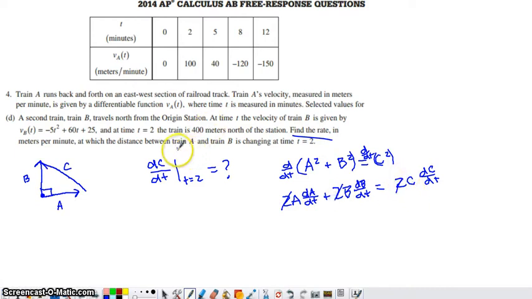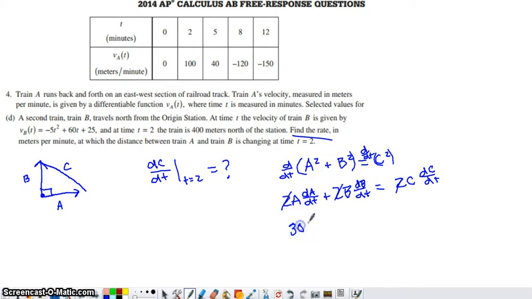And now we want to put values in place of a, dA dt, b, dB dt, and c, and we want to solve for dc dt. So we know that at t equals 2, train A is 300 meters east.